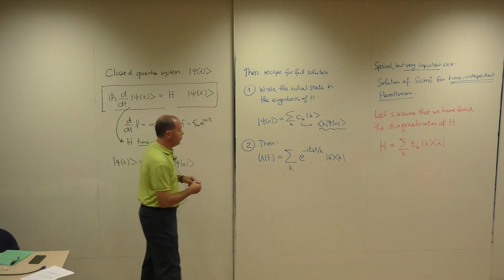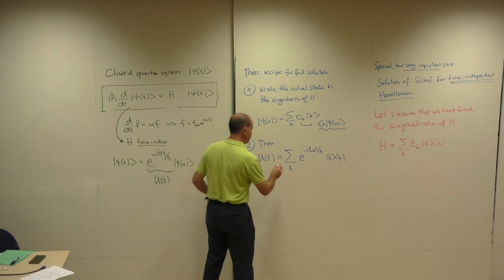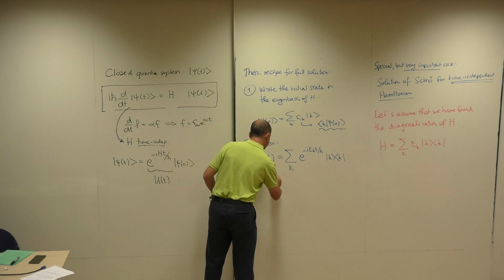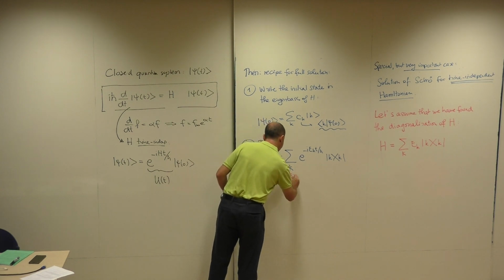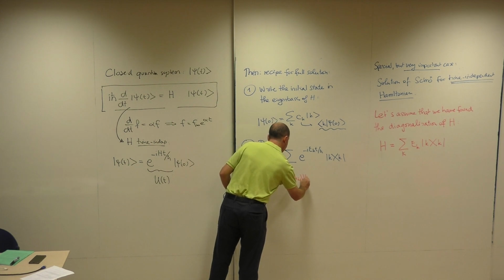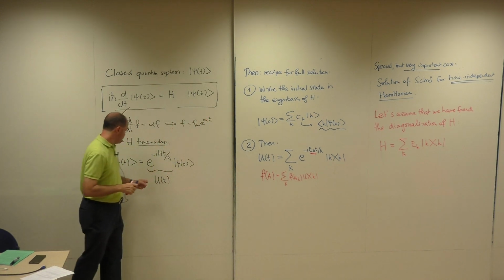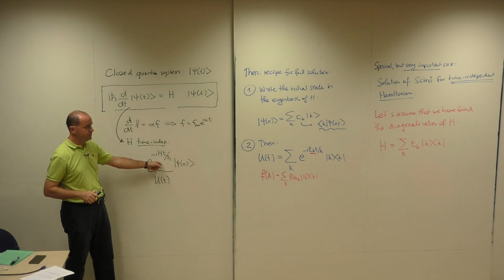Remember, what I've used here is that the function of an operator f(A) is equal to the sum over k of f of the eigenvalues with the same eigenvectors. Here are the eigenvalues of H. Here is the function I have to compute.